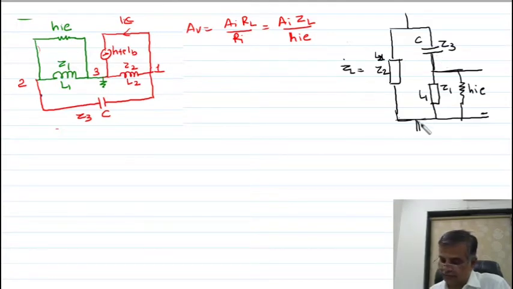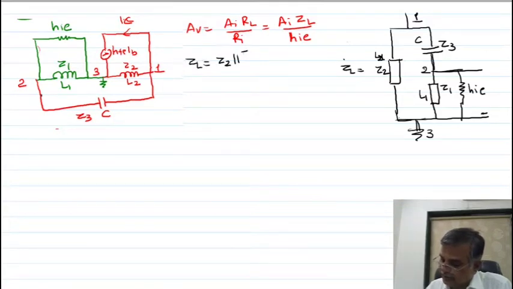This is your ground terminal, this is terminal 1, this is 3, this is terminal 2, as I already showed. So what is ZL? ZL is Z2 parallel with the bracket Z3 plus Z1 parallel HIE. I think you understand.